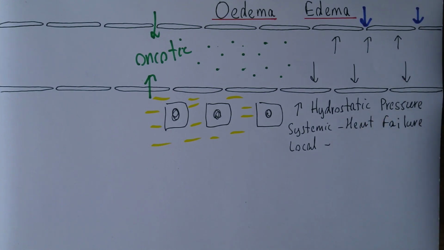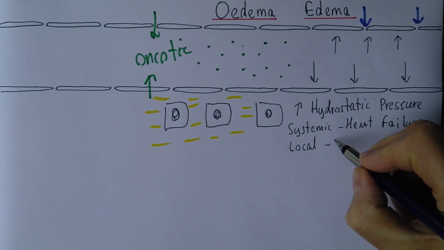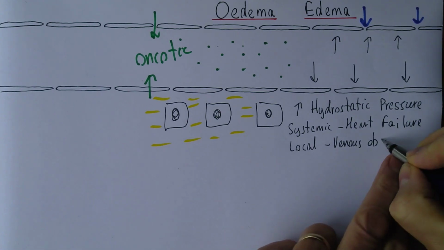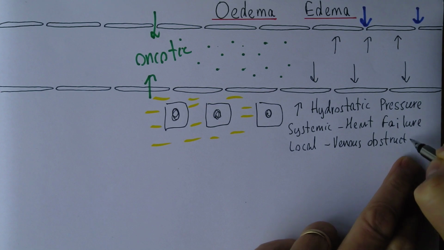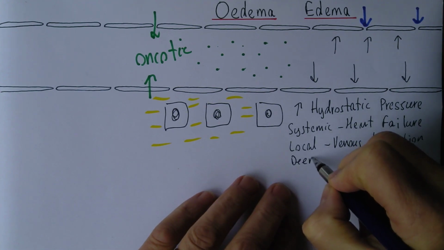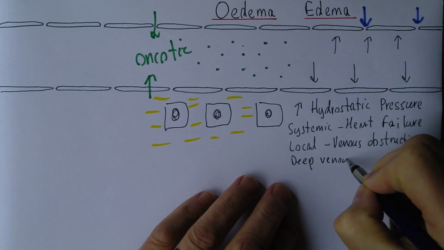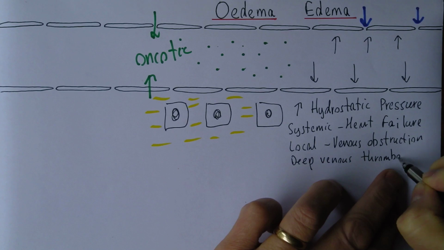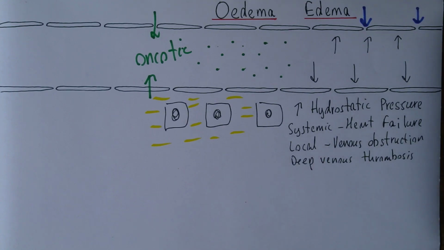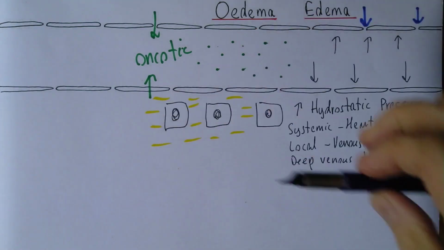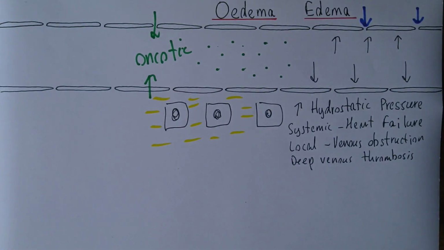For example, we could have an acute venous obstruction, as might occur in deep venous thrombosis, where we could have an acute development of edema because of the obstruction.